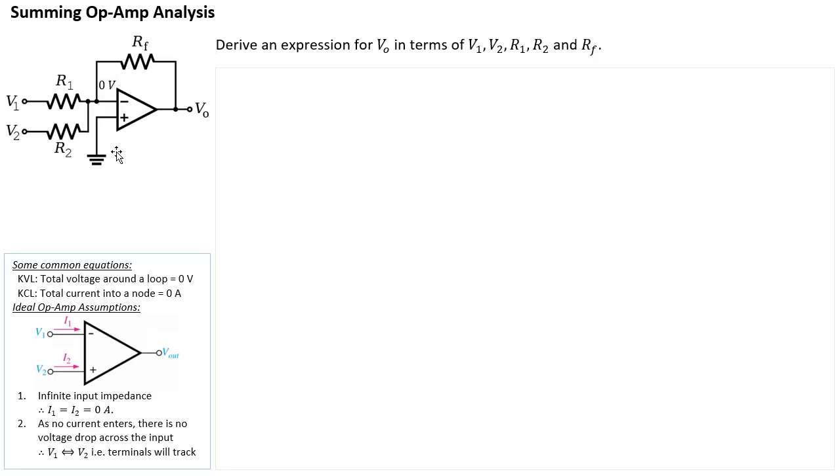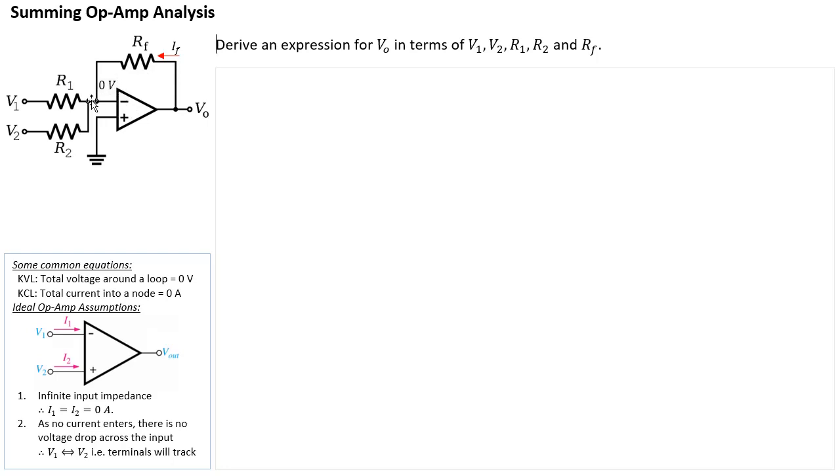Now currents. Let's label some currents. Well, you have, of course, a feedback current IF, defined as going from right to left through RF. Now that current is going to flow, and when it gets to this node, it's going to start to split. Based on the first assumption, none of that current will flow into the inverting terminal, so no current will flow through here.